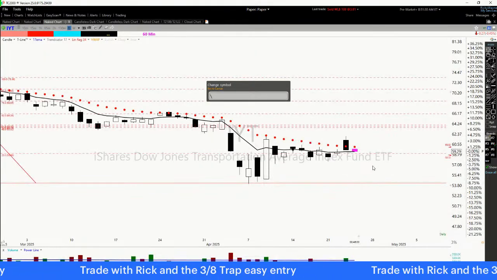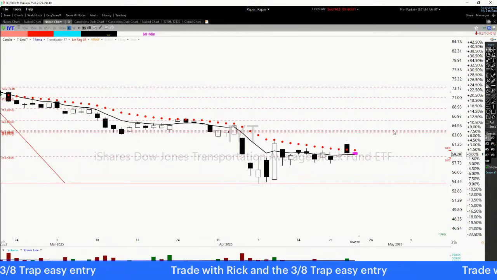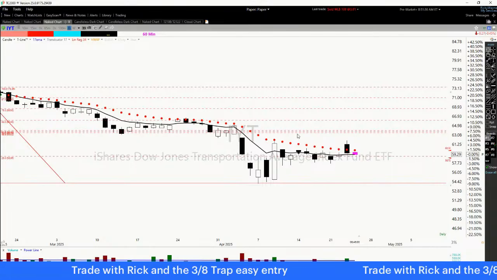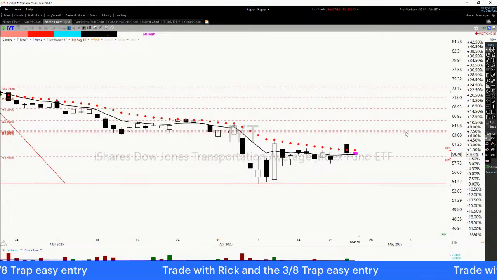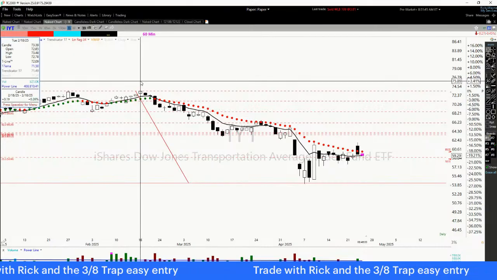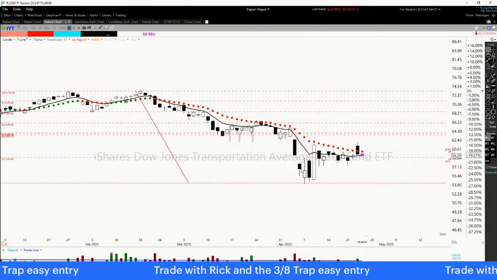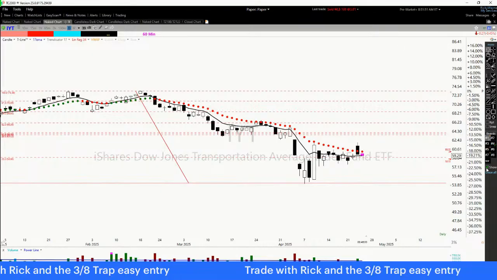The transports are trying to work themselves up. Now, I think the transports need to be above those three little dashed lines right there. And again, that's going to be 50% of the recent, meaning February high, down to the lows. We get over that, and it's just like voting.